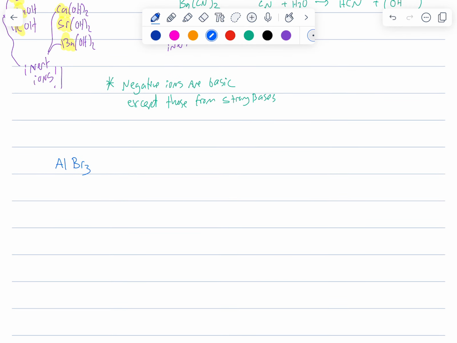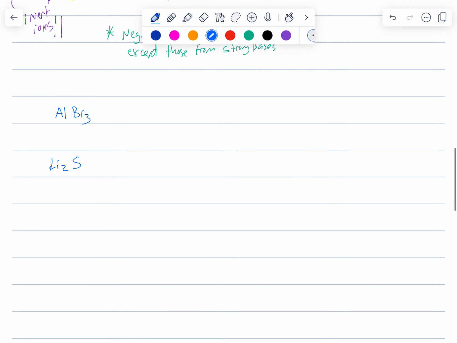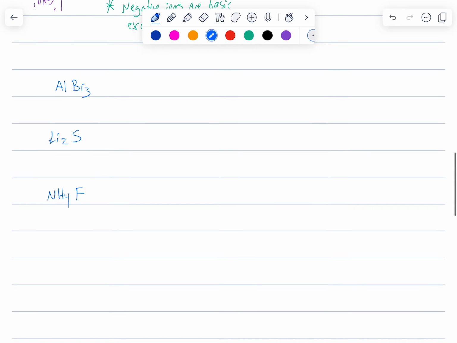We'll do, let's see, lithium sulfide, ammonium fluoride, strontium nitrate. Okay, so go ahead, pause the video here, and then see if you can work out whether these are going to be acidic or basic.